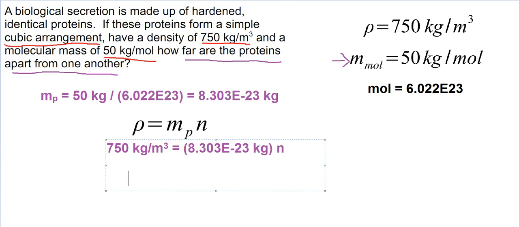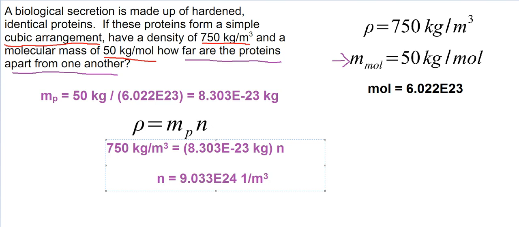So you can just basically divide these out, and what you will get is quite a large number of them that fit inside a cubic meter. Right? So you'll get about 10 to the 24 of them that fit inside a cubic meter.